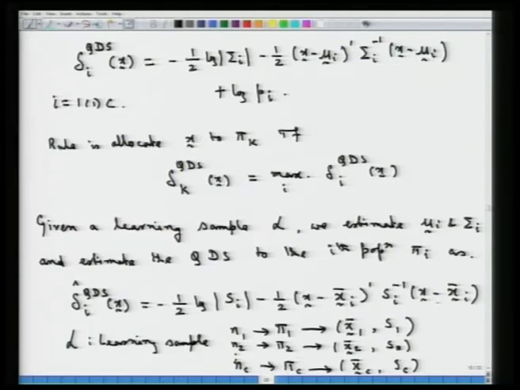So this is now in an implementable form. One looks at the estimated quadratic discriminant scores of the respective populations, and the one which gives us the maximum, the new observation is allocated to the population corresponding to that maximum of the estimated quadratic discriminant scores.